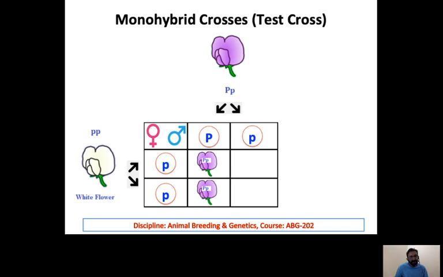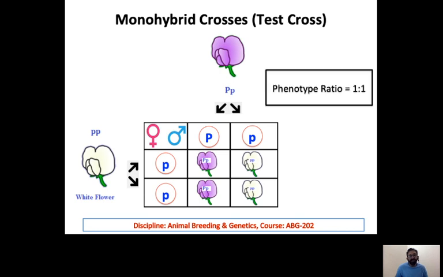The second genotype would be the same heterozygote, and it would be the same phenotype. And then when two recessive alleles combine together, they will give the white phenotype, and similarly another one is white.